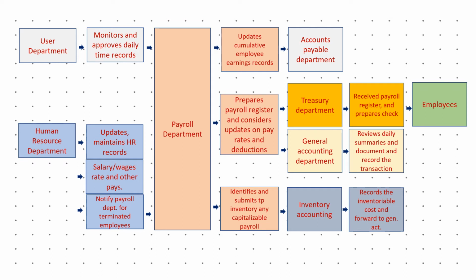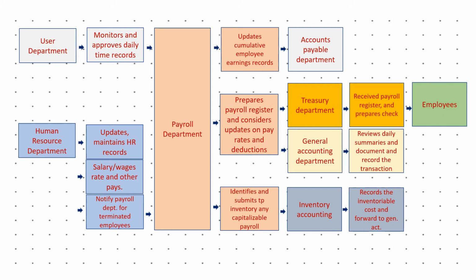This is one of the most important internal controls, to notify the next department, because the payroll department has a big job: it prepares the payroll for the employees. That is why one goal of human resource is to notify about terminated employees, because the payroll department might pay them. So that's why they need to monitor.